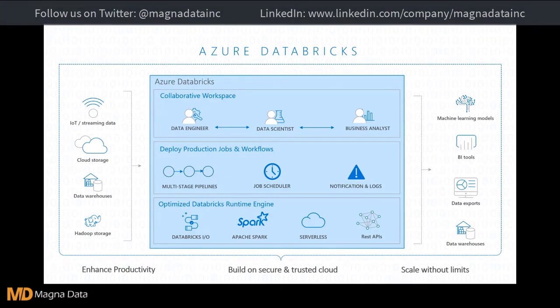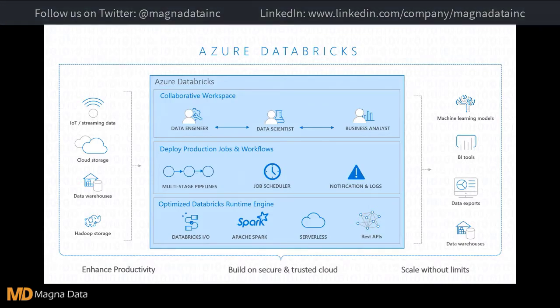A lot of times some stuff is lost in translation. Because of the nature of Databricks, all three can work in the same workspace, which is one of the advantages. We'll talk about this, and I'll walk you through a demo.